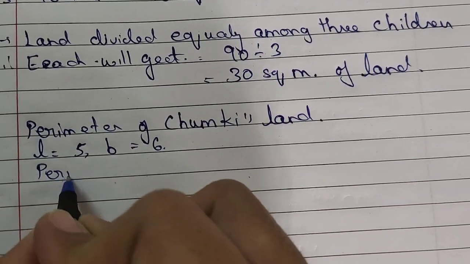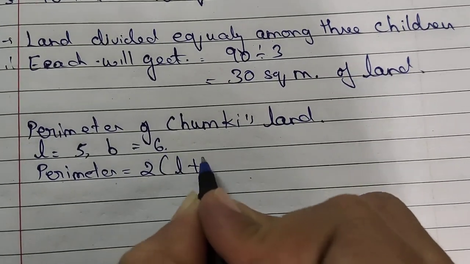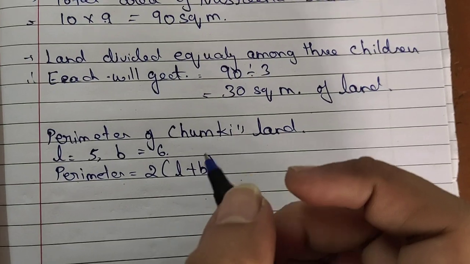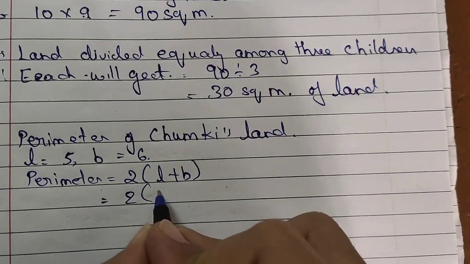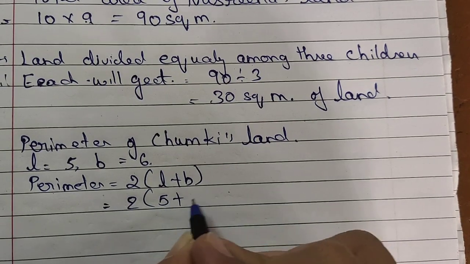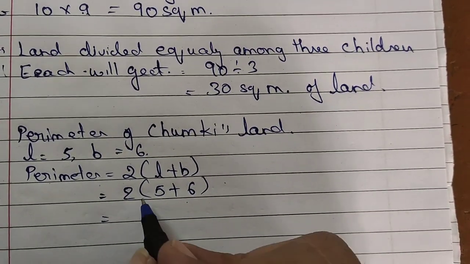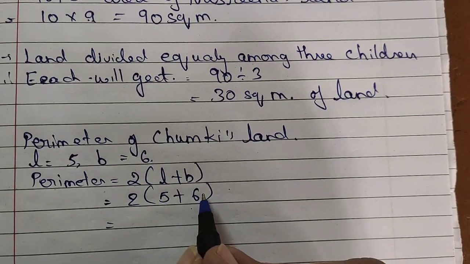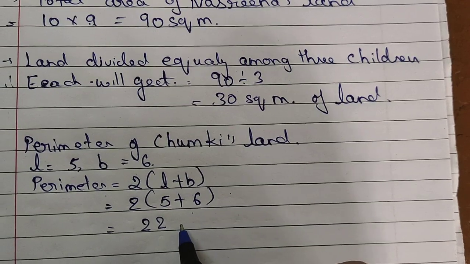Perimeter is equal to 2 times (L plus B), which is 2 times (5 plus 6). 5 plus 6 is equal to 11, 11 twos are 22 meter.